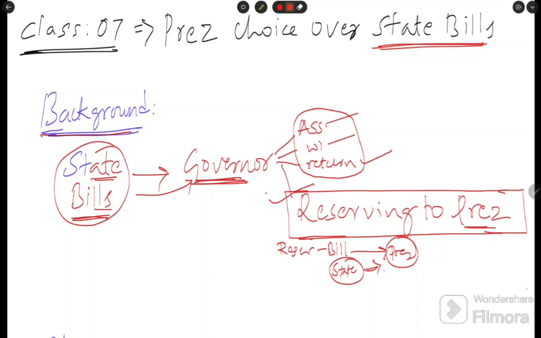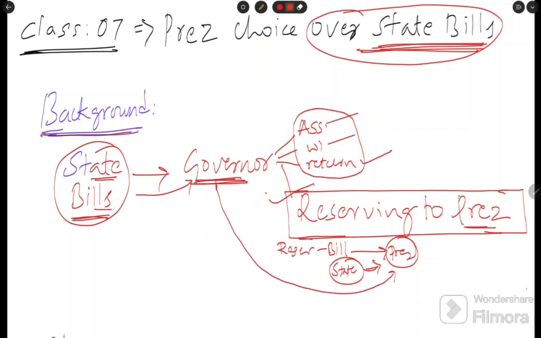This is the stage where the president's role begins over the state bills. Then onwards we proceed on the topic of this video. One more thing to consider: when the governor reserves the bill to the president, the governor's role completely stops. He has no role at all over those bills.